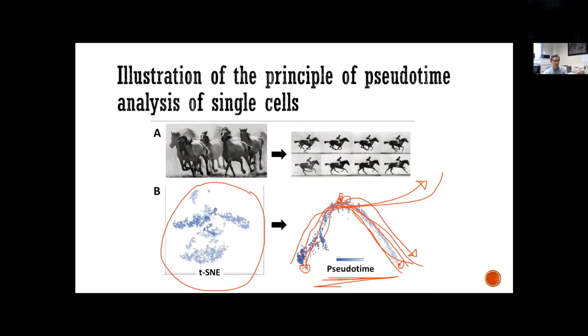Then you can follow this trajectory to construct a pseudo-time. It's not real time series data, but you create your own trajectory and assign each individual cell to different coordinates on the trajectory, to simulate or hypothesize that they follow this trajectory, to study the fate of the differentiation of the individual cell. Thank you.